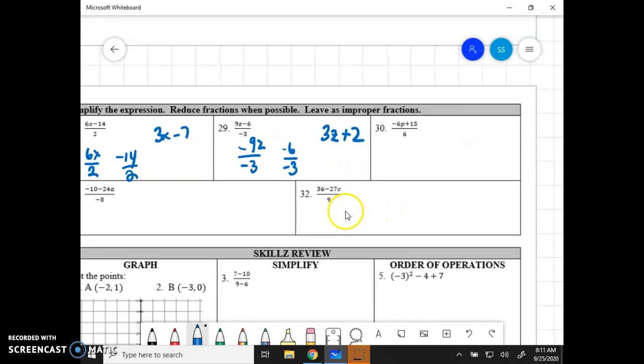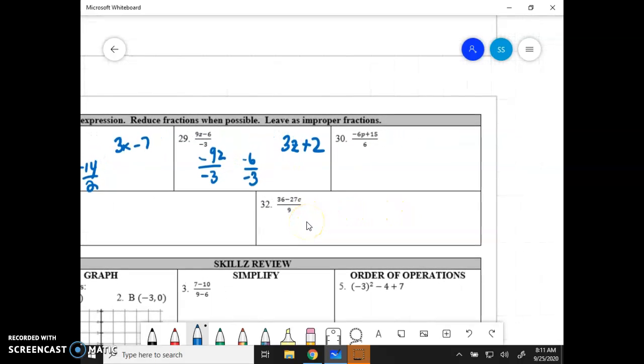We'll do one more. It looks like this one might not work out as nicely as the other ones. Negative 6p divided by 6 and 15 over 6. So negative 6 divided by positive 6, that's negative 1p. And honestly, if you kept this as 15 over 6, well, I'm not going to love it because it's not simplified.